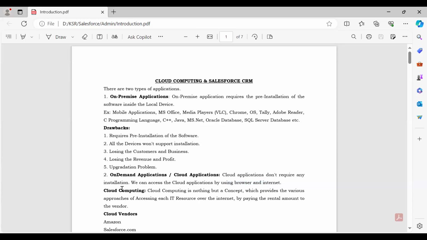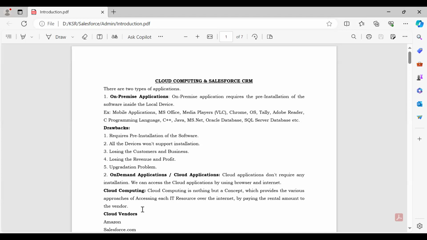Next, what is cloud computing? Cloud computing is not a software. It is a technique, or a concept, which provides various approaches of accessing IT resources over the internet by paying a rental amount to the vendor. Suppose you are using software like Java or .NET. What is the first thing you have to do?